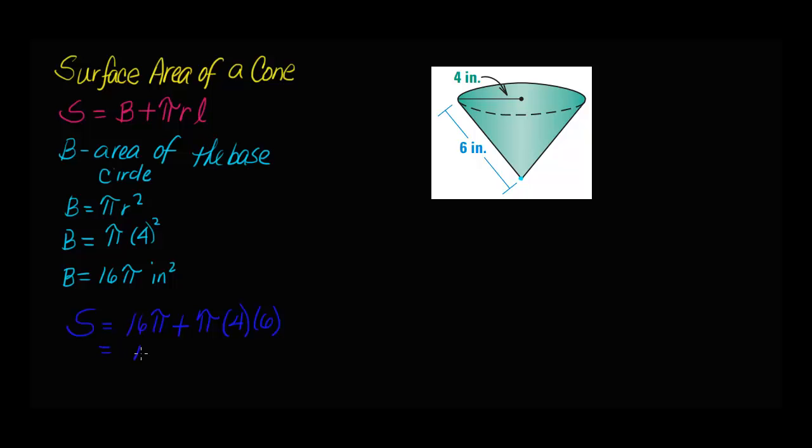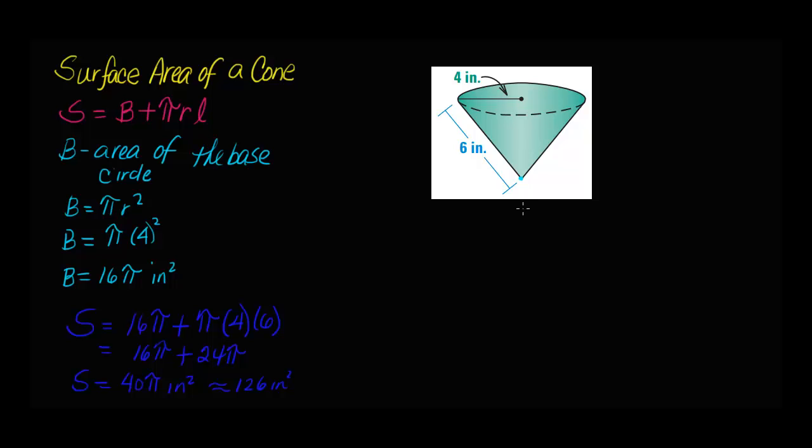That equals 16 pi plus 24 pi, because 6 times 4 is 24, and that gives you a total of 40 pi square inches. And with your calculator, you can go ahead and multiply 40 times pi, and you get about an area of 126 square inches. Okay? And that would be the answer for this problem.